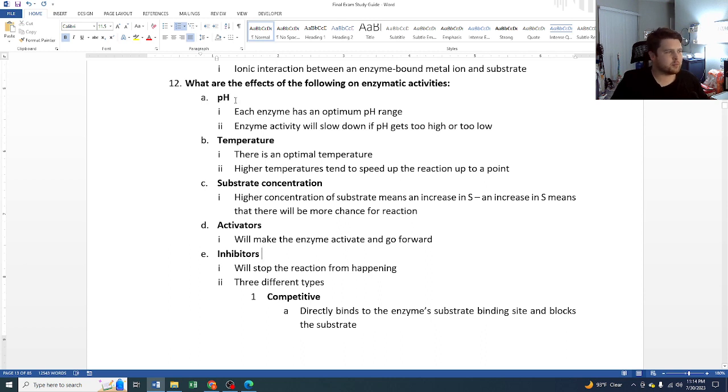Basically, there's an optimal pH, an optimal temperature, an optimal concentration. There are also activators and inhibitors, which activate the enzymes or prevent the enzymes from doing their functions as well. And all of this is for maintaining the body's homeostasis, making sure that the right things are happening at the right times.